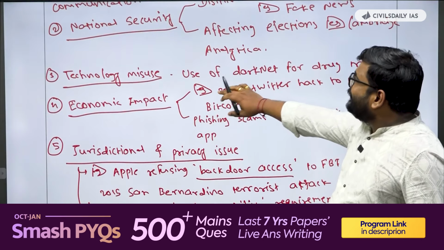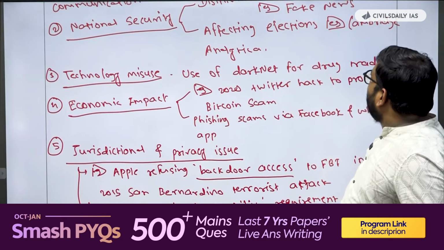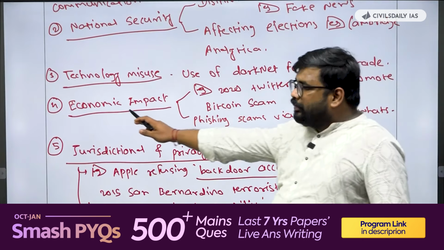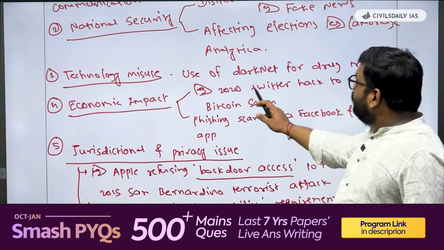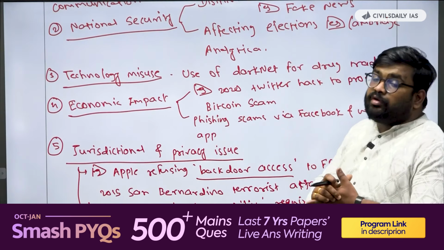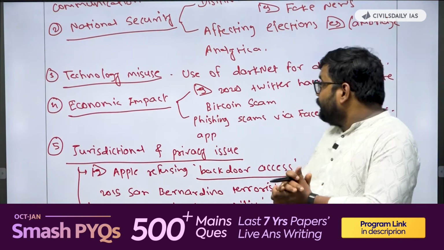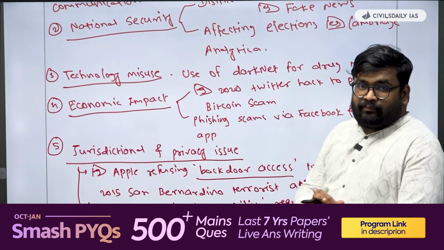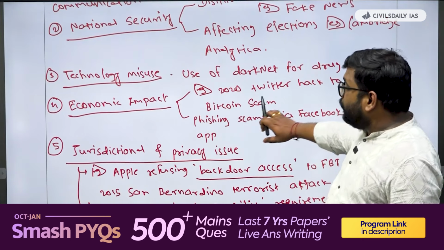Then technology misuse, use of the darknet for the drug trade. Then economic impact, for example the 2020 Twitter hack to promote a Bitcoin scam, then phishing scams via Facebook and WhatsApp. So these are examples of the economic dimension.